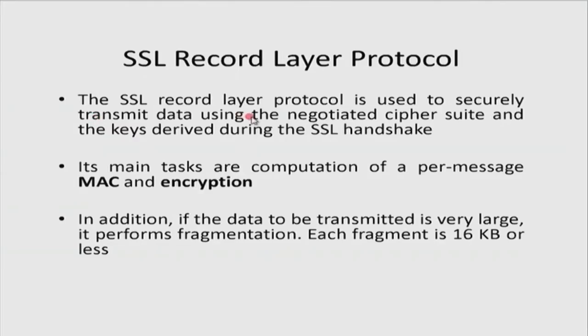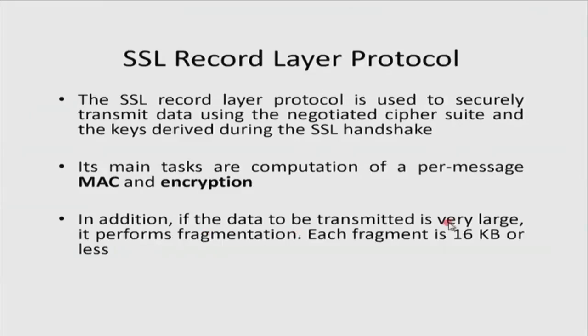So the SSL record layer protocol is used to securely transmit data using the negotiated cipher suite. So we've just done that in the handshake protocol, and we've also derived the keys as part of the handshake. Now we go to the record layer protocol, whose main tasks are computation of a per message MAC and encryption. So this is a distinction between entity authentication and message authentication.